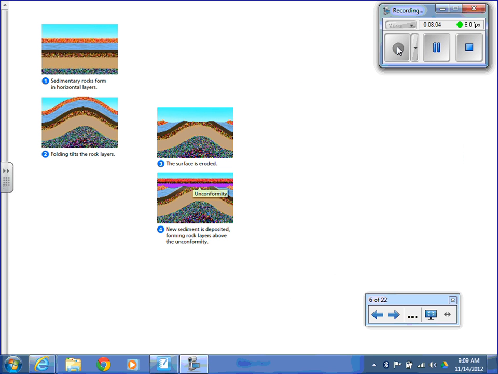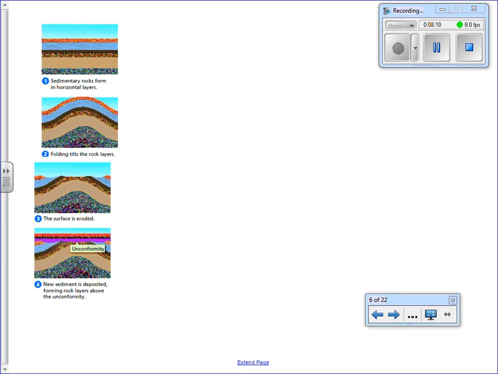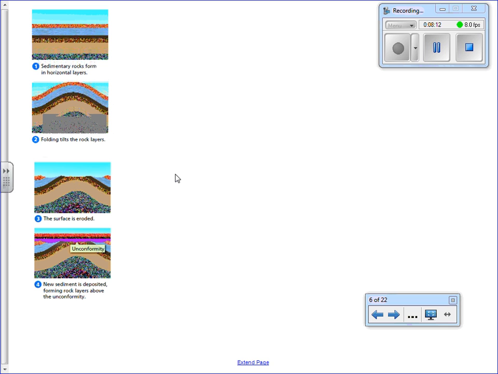Now with the law of superposition, it says in undisturbed sedimentary rock. So what does undisturbed mean? It means that the layers are in the order they formed. But it turns out that things happen. Plate tectonics move things. There are forces that cause things to fold, right? Maybe a little bit of compression causing some folding here.